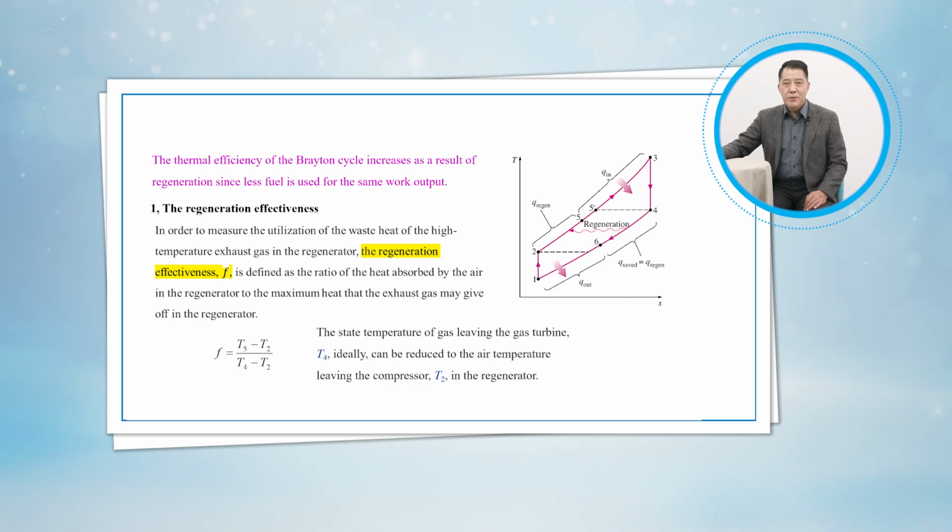The temperature of gas leaving the gas turbine, T4, ideally can be reduced to the air temperature leaving the compressor, T2, in the regenerator.